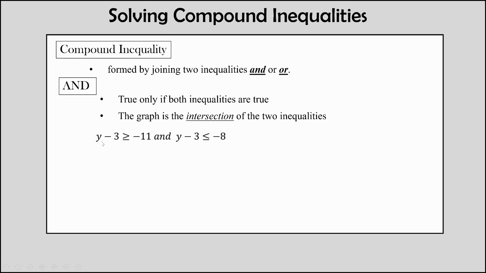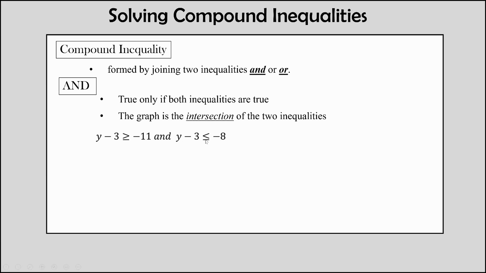And you're going to see and inequalities given to you two ways. One way is they can just write one inequality, write the word and, then give you the second inequality. Then what we would do is solve each of these separately and then join the graphs with and to get our final answer.